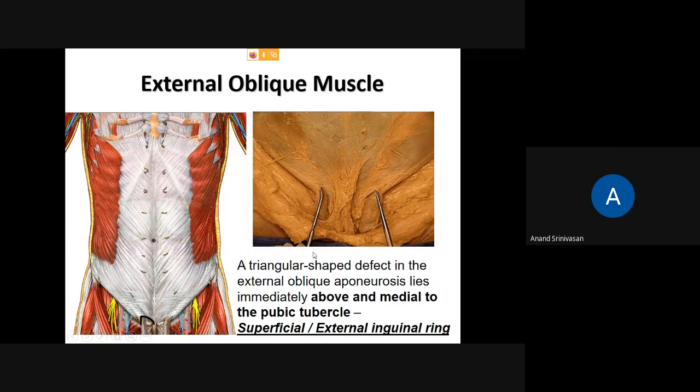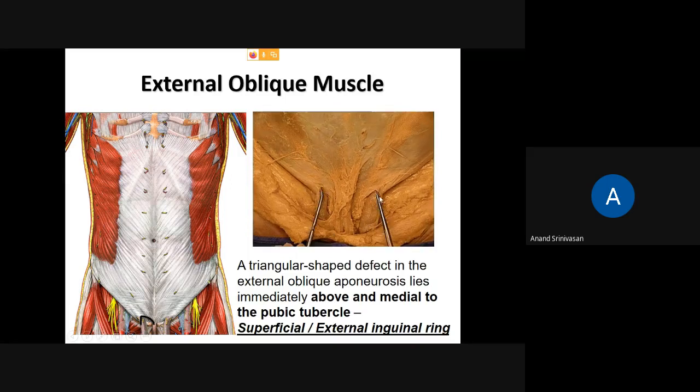The sperm has to go through the cord. It will go through this superficial inguinal ring, and then it will be connected to the urethra, which is located inside the abdomen. So that is why the superficial inguinal ring is located there, to facilitate the spermatic cord to go through it.